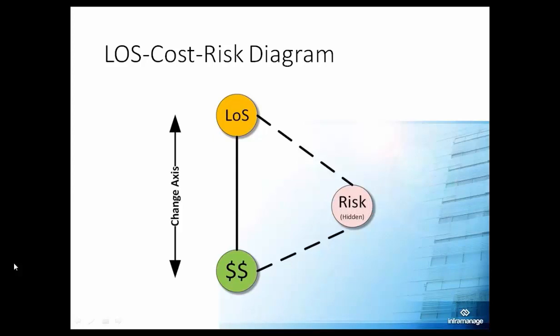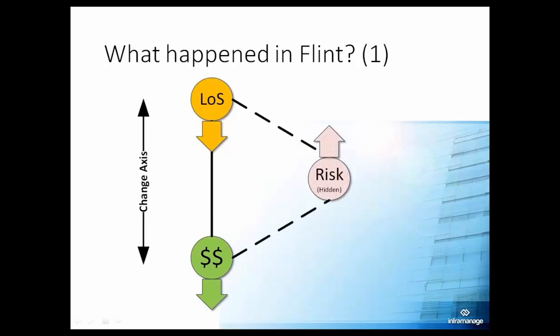When I started thinking about Flint, because I think it's going to affect a lot of utilities, not just here in the US, I think there might be impacts across the Western world, what they did is they had this problem that they needed to save some money, they perceived. So they changed what they were doing in levels of service to save themselves some money.